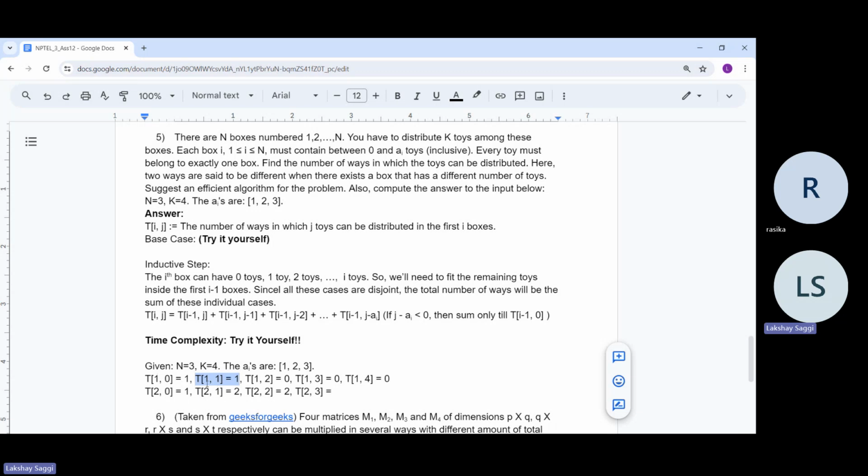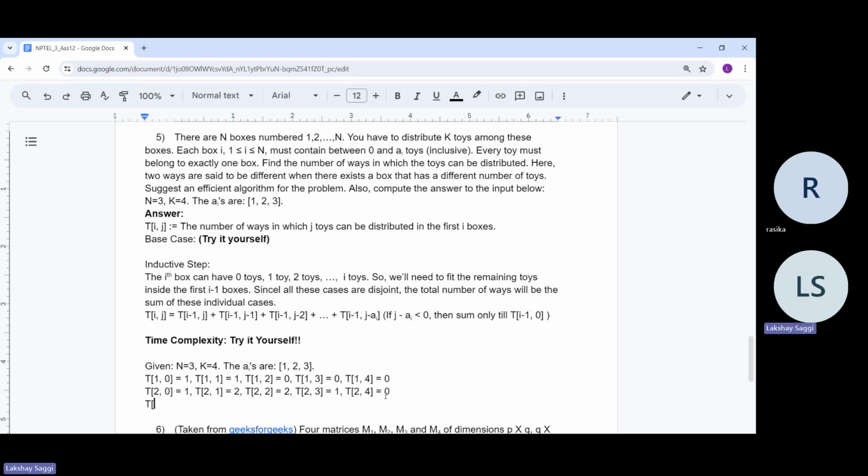So we won't count this 1 comma 0 case; we'll only count till this case. So this will be equal to 1. Similarly, T of 2 comma 4 will be T of 1 comma 4 till T of 1 comma 3, and the sum will go to 1 comma 2 because we can fit a maximum of 2 toys. So this will be just the sum of these three terms, which will be 0.